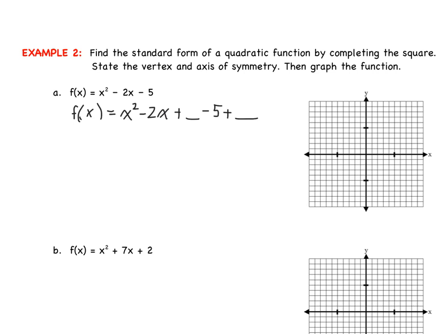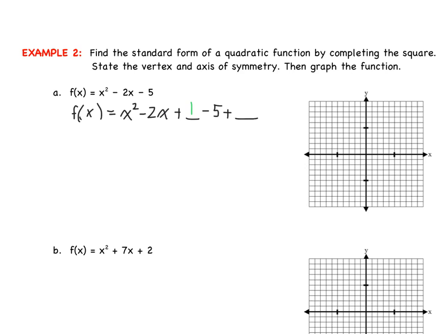Remember how we completed the square before: we took this middle term, divided by 2, and squared it. So we take that middle term, -2, divide by 2, so that's -1, and we square it, and we get 1. But since we are working on one side of the equation, we have to compensate.